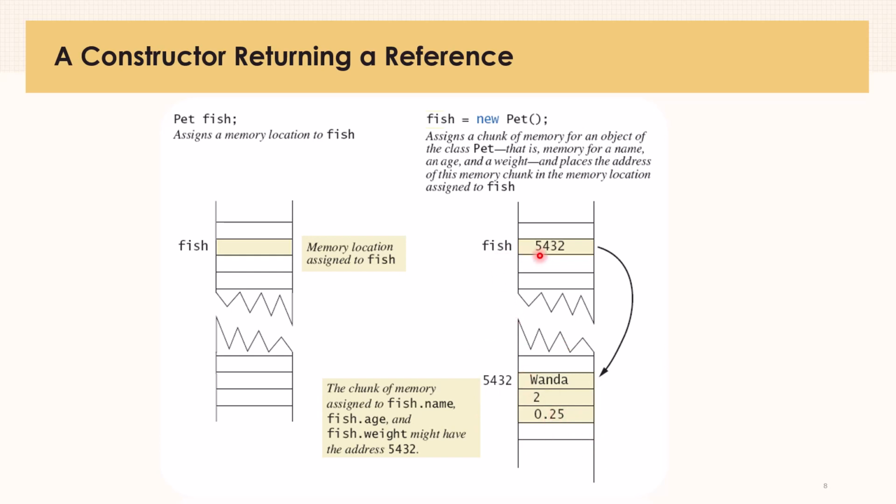So what will fish hold? It will hold the address of the place of the contents of the object. So if the contents of the object are placed at address 5432, fish will hold the address of this object, which is 5432. This is why we call fish a reference. It's a variable in the memory, but its contents will be a location of the object. This is why we call it a reference.